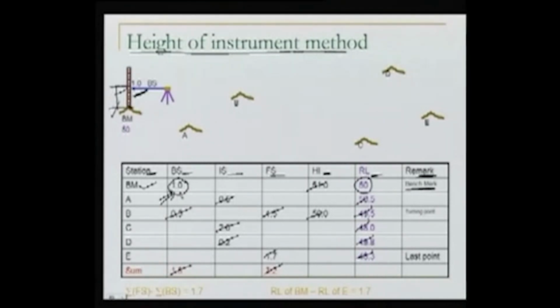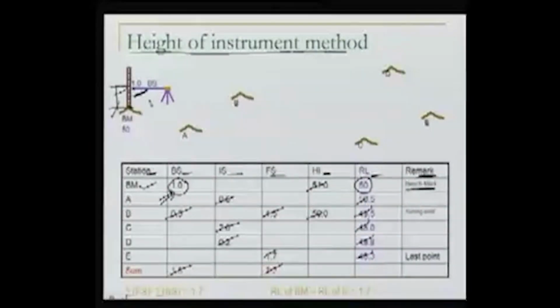Well, next step. Once I know I have taken 1.0, can you now estimate the height of the instrument? What is the meaning of height of instrument? It means the moment you have leveled your dumpy level, or in an auto level, if you rotate your telescope, the line of sight will form a plane.